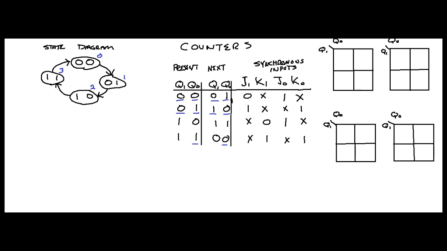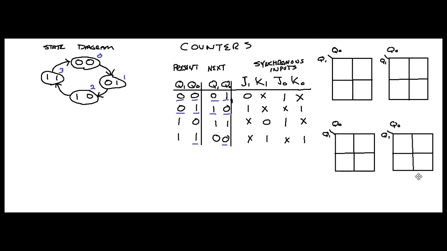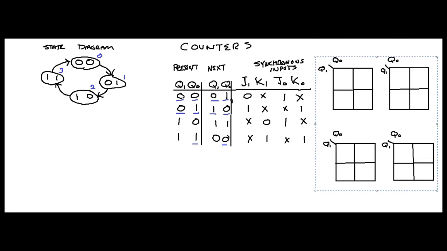Now, each one of these has to represent something, right? Let me just see if I can pull this down just a tad. A little bit of space up here. So, this is going to be J0. This Karnaugh map over here is going to be K0. This Karnaugh map down here is going to be J1. And this is going to be K1, right?